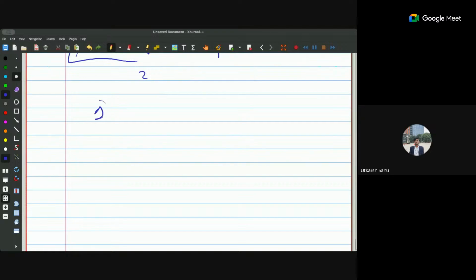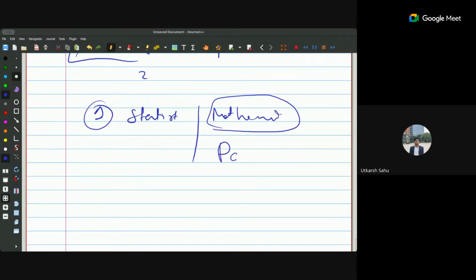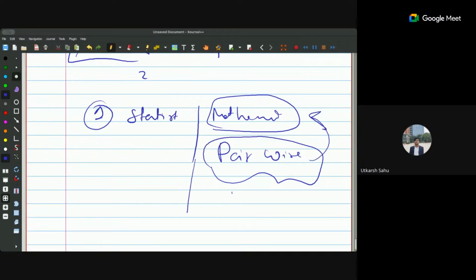One more thing was this thing, statistical approach and your mathematical approach. In mathematical you will have pairwise data. If you have any kind of data, it is collected pairwise, it has to be mathematical approach, which is basically same as linear programming.